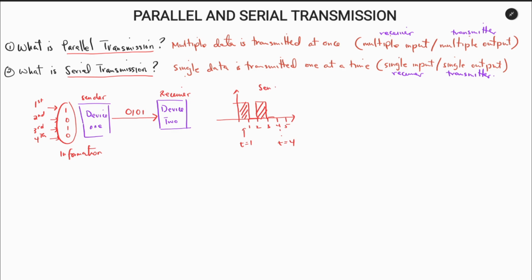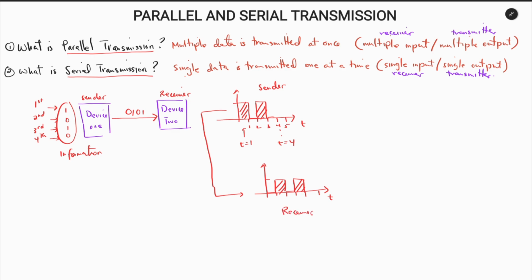If this is our sender, this data will be transmitted to the receiver. From the receiver, we can see 1 2 3 4 and 5, where this is our time, and we have 1 0 1 0, and this is from our receiver.